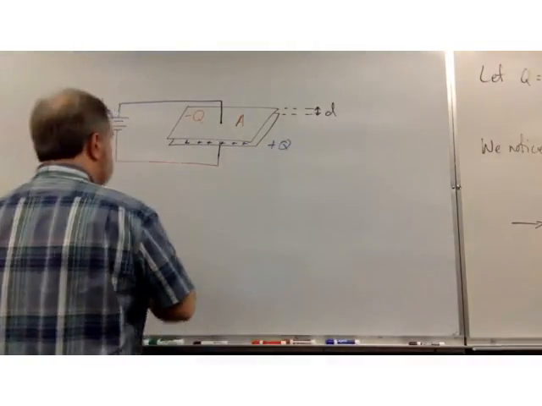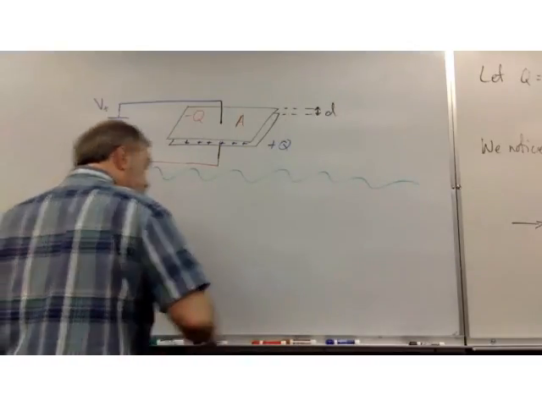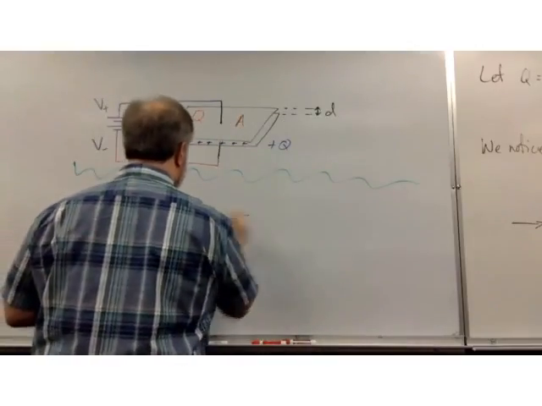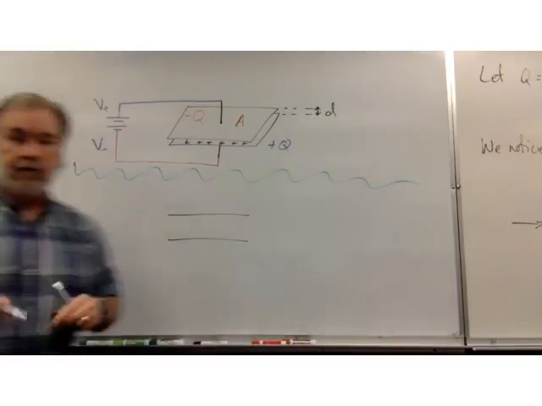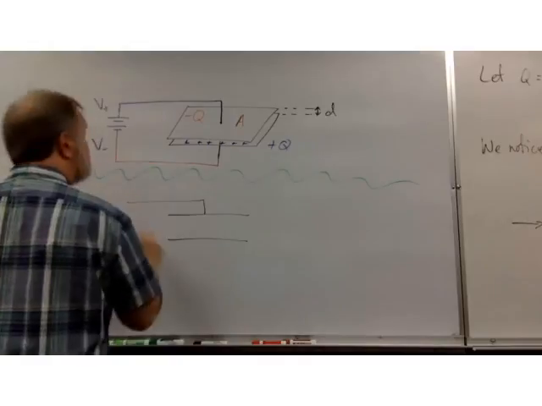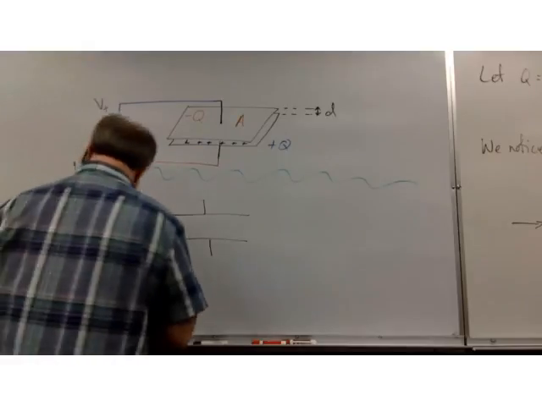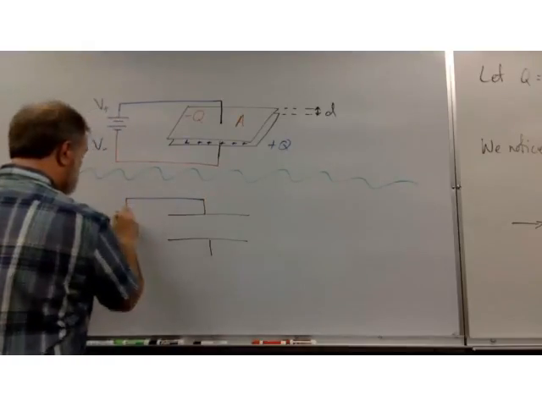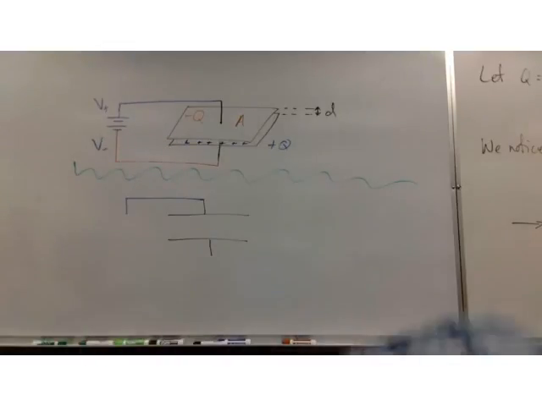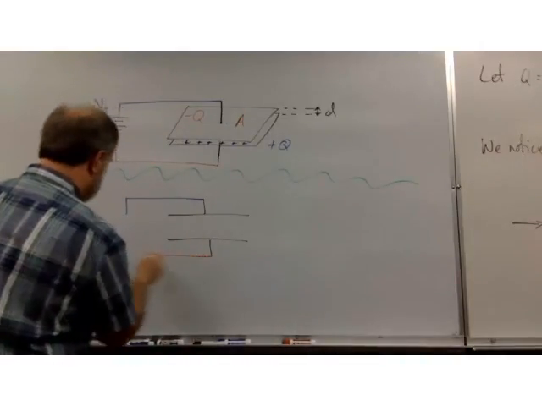Now I'm going to draw you an end view here. There will be an electric field between the two plates. There's the top plate. There's the bottom plate. This is an end view now. We are attaching it to the battery. I will stay with my color coding since I've gone to all the trouble.